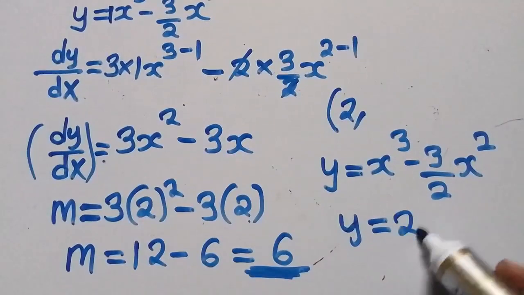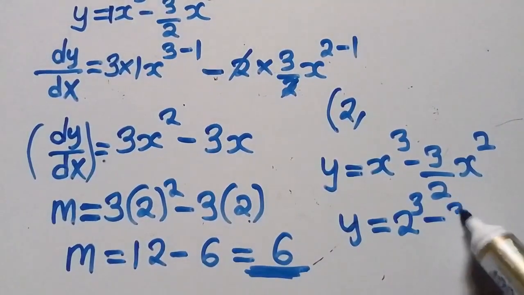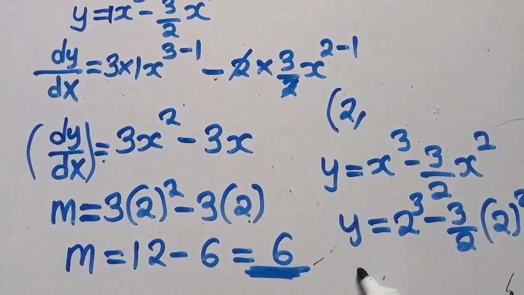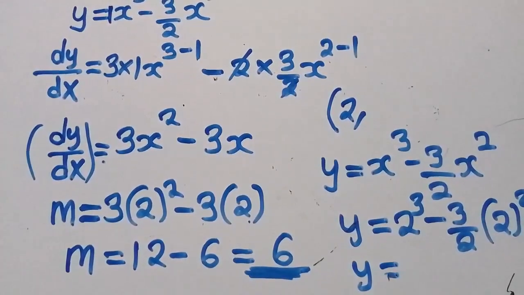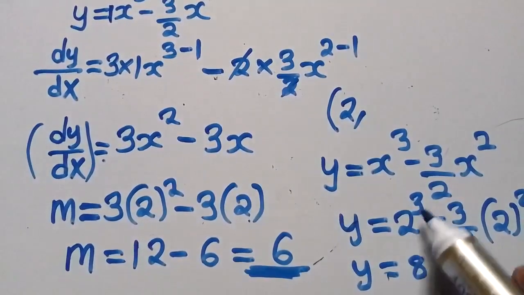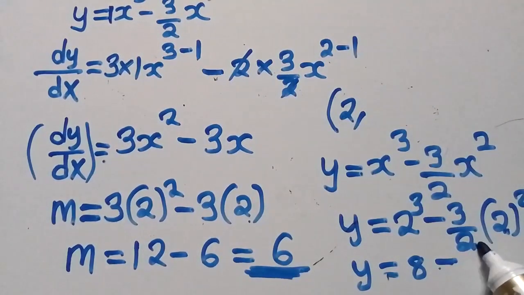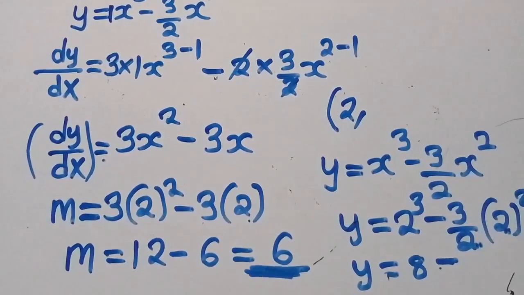So I say 2 cubed minus 3 over 2, then 2 squared. This is now equal to 8, because 2 to the power 3 is 8. Minus, 2 squared is 4, 4 divided by 2 is 2.